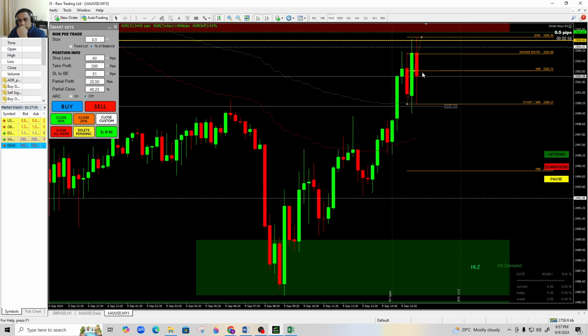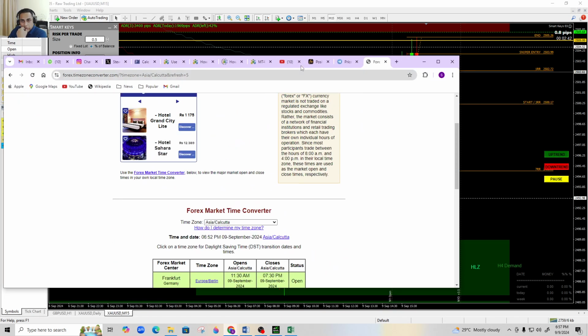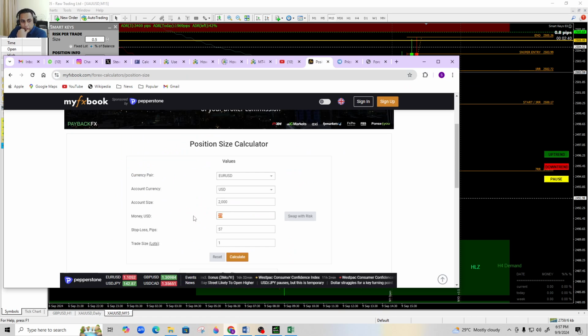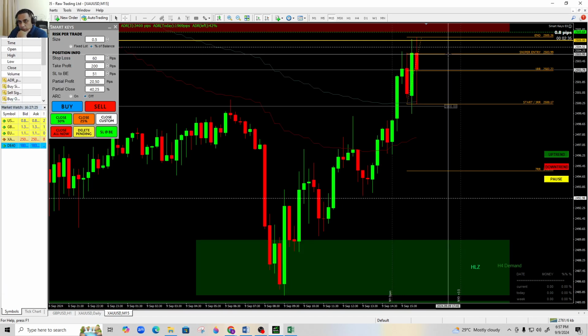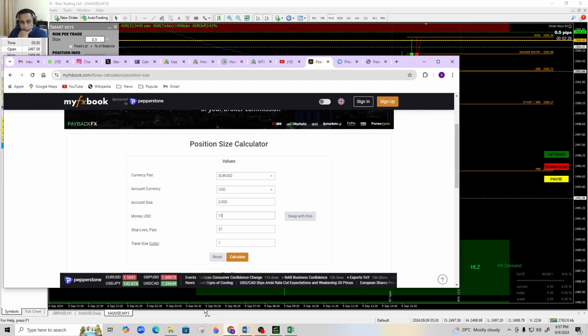526. Let's see how this candle closes. And if I were to risk just $15 on this trade, so that is 13 plus 4 is 17. 17 is plus 4 is the spread that I keep and for slippage.